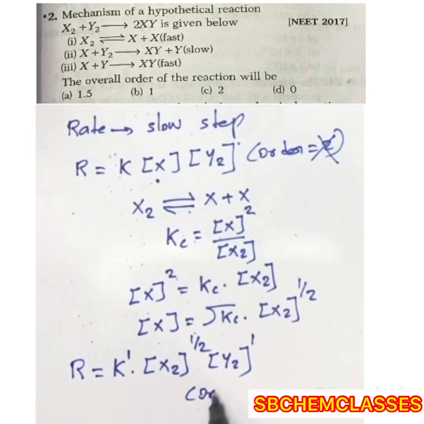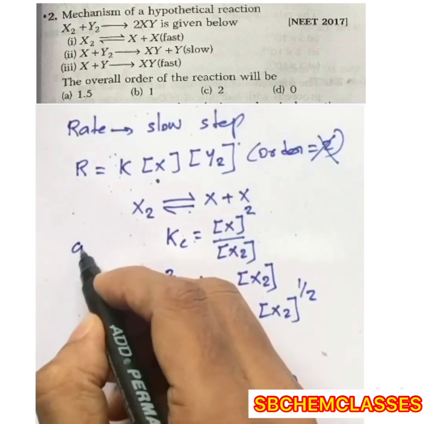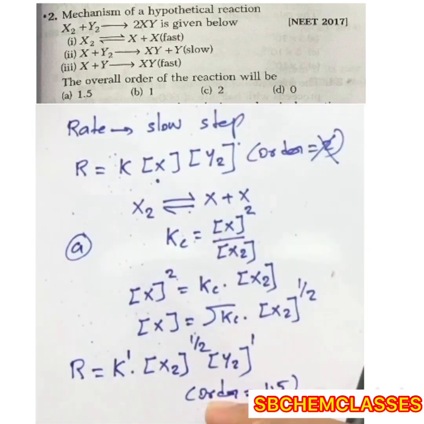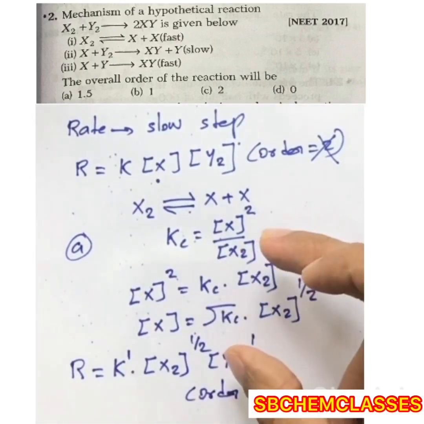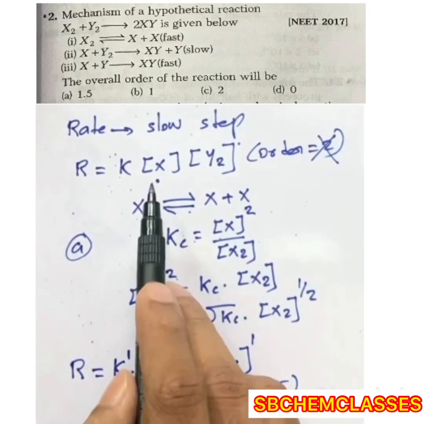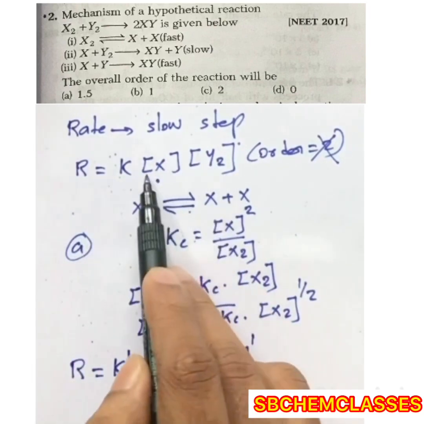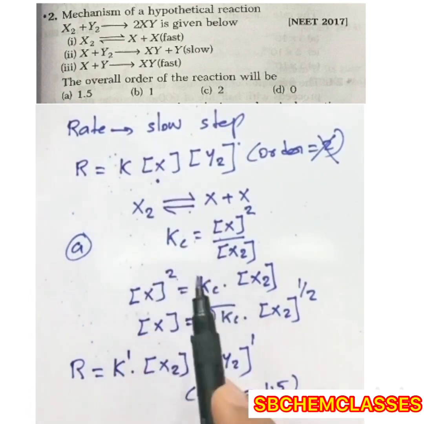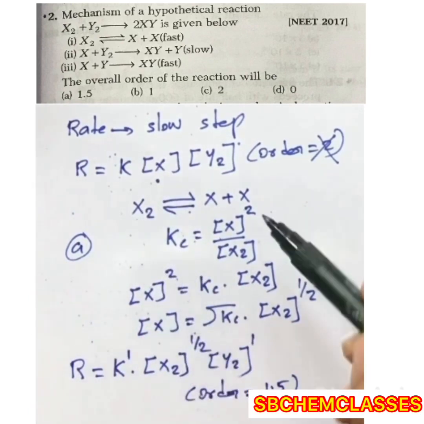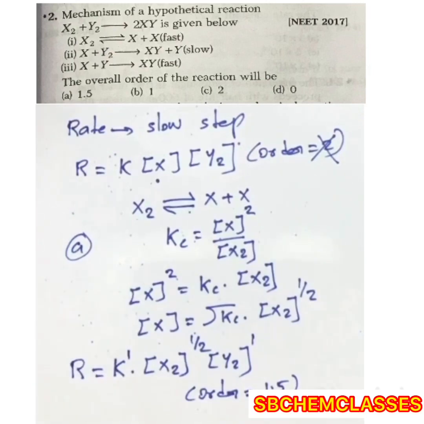So order of reaction equals 1.5, that is option A. This is a very important question. This technique is used if an intermediate is present in our rate equation. It should be removed by using the equilibrium constant like this.